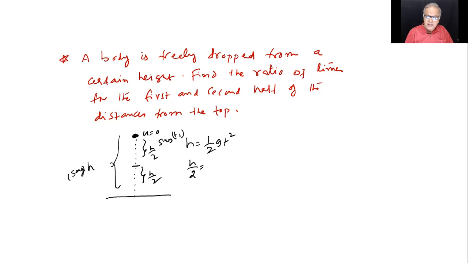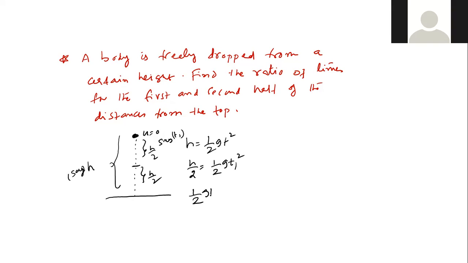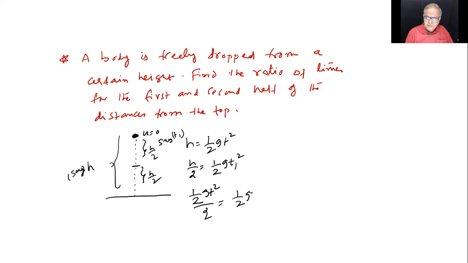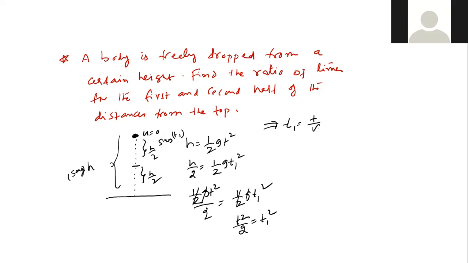We don't know that, but let us suppose it is t1. So half g t1 square. Substitute this here: half g t square by 2 is equal to half g t1 square. Half g cancels, right? So what do you get? t square by 2 equals t1 square. So it implies t1 equals t by root 2.